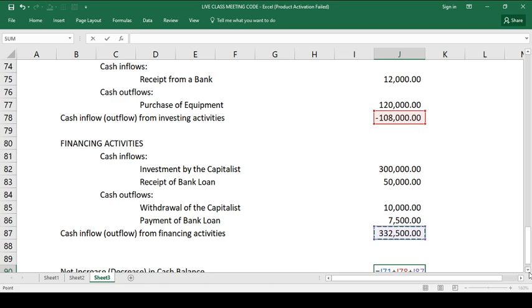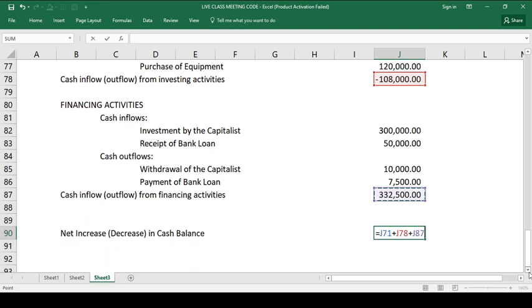And then, after adding the 3, in-add lang natin yung tatlo, ha? I-add mo lang yung cash inflow or outflow of the operating activities plus the cash inflow or outflow of the investing activities plus the cash inflow and outflow of the financing activity. Yun po ang magiging net increase kung positive. Kung naging negative yung result, that is a net decrease in cash balance.